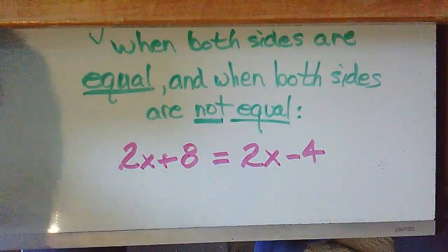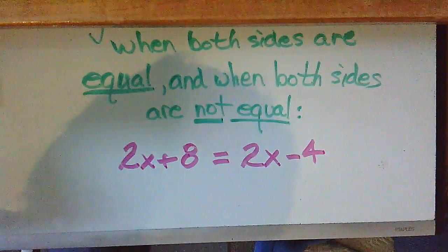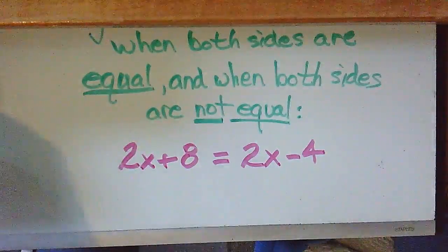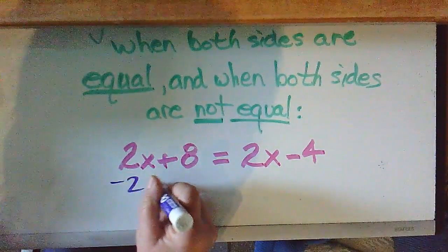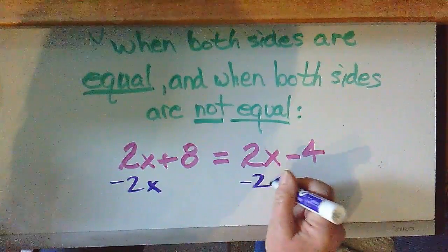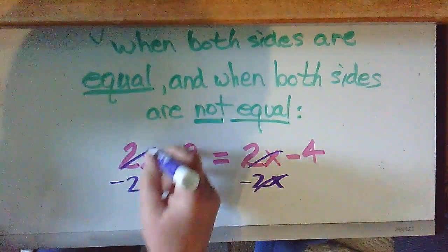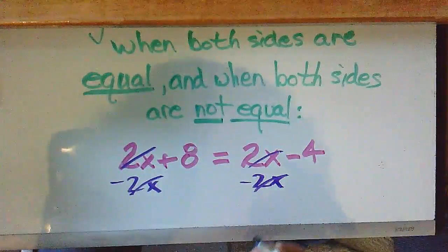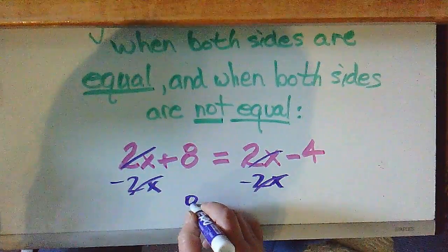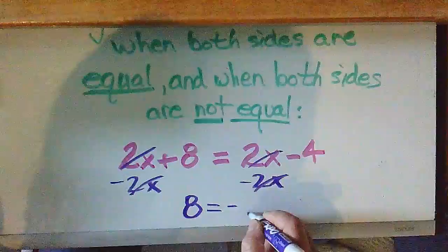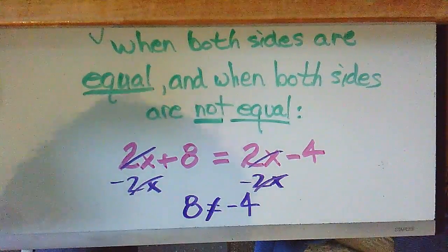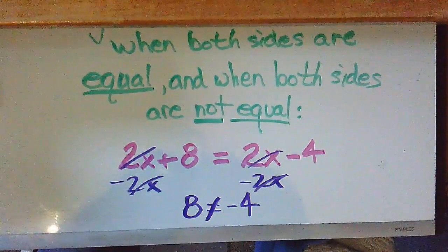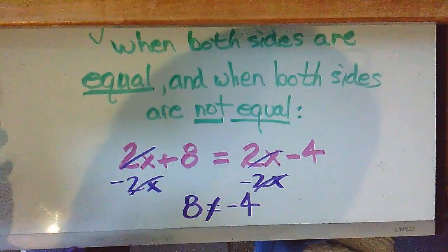So what's going to happen in this case when we try to solve it? Let's subtract 2x from both sides, right? The x's are going to cancel out, and what are we left with? We're left with negative 8 equals 4. Not only is that not true, there is nothing you can do to make that true.